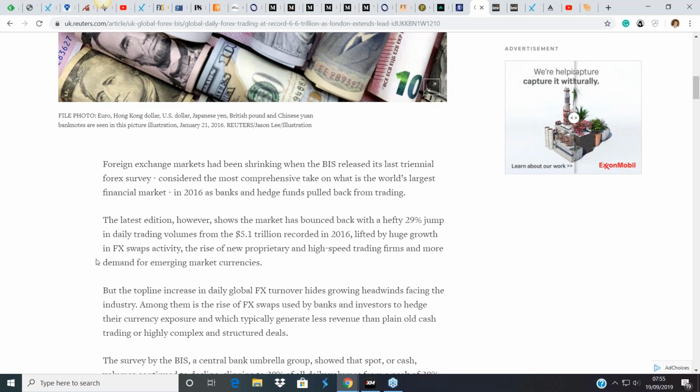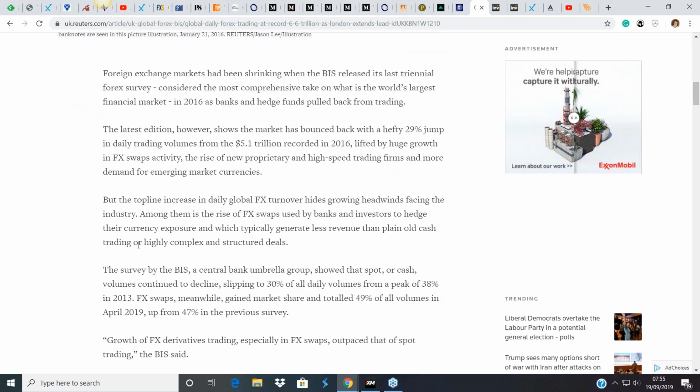It's the tail end of Asia, Europe coming in, then it's London, and even New York. When you have three markets going, it's just different. The big moves, the big churn, if you like, in this market is in London. So it's well worth looking at.